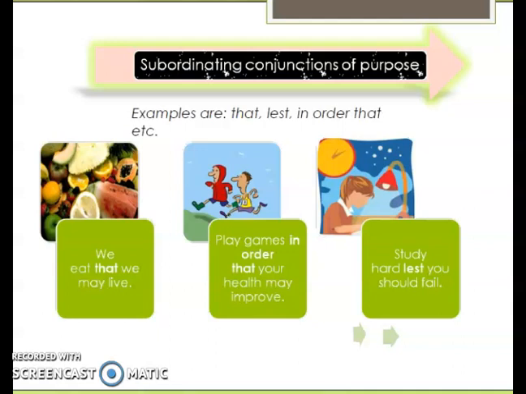Look at the example, we eat that we may live. Second example, play games. Why? In order that your health may improve. Number 3, study hard lest you should fail. In all these sentences, subordinating conjunctions have been used to talk about a purpose of an action, that why someone is doing something.